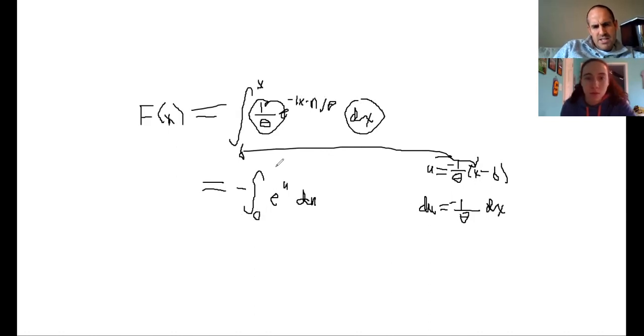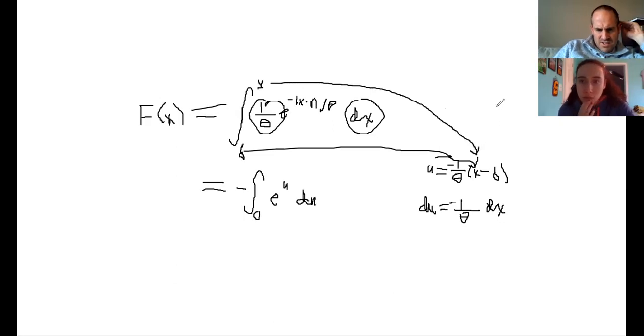And then if I take the variable to be x, you just get your u, which is negative 1 over theta times x minus delta.